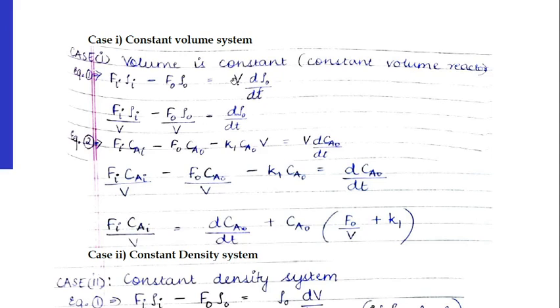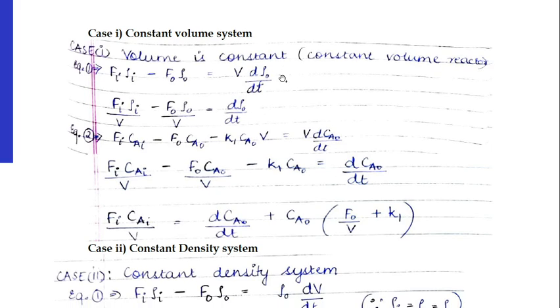Taking the other term to the other side, it becomes F by V, and in fact I can write the density as rho_0, which is the exit, or even as rho, the density in the container. Remember, the density in the inlet and exit will not be the same. The density in the container and the exit will be the same, that is rho_0 throughout for the two cases.